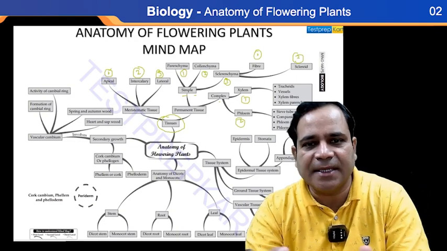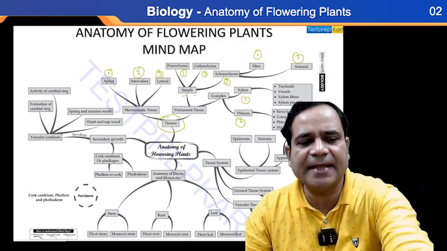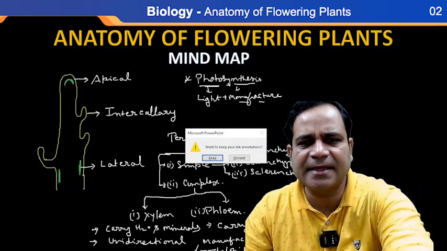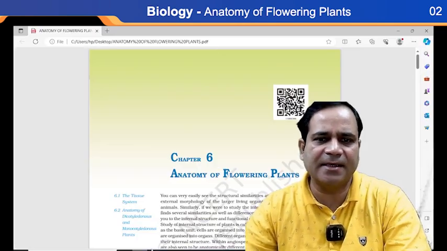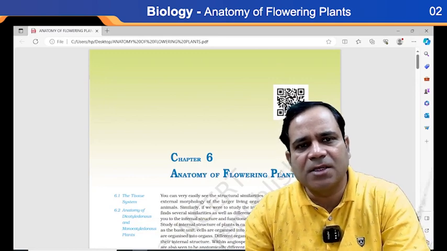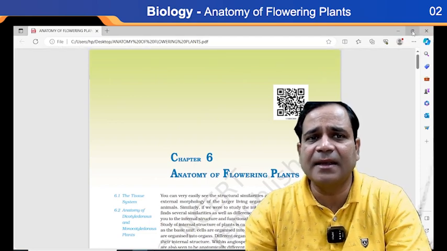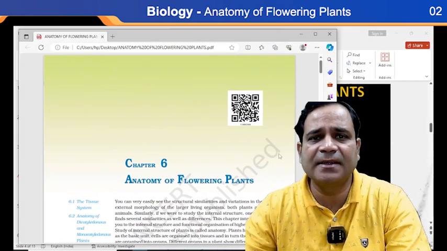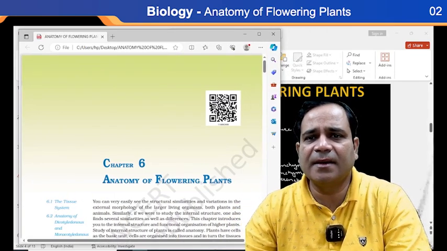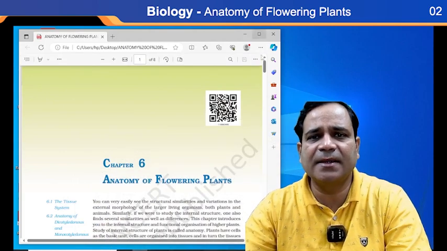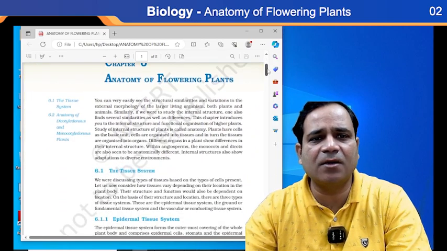Okay. So now the point is to go through the NCERT. So that's why I'm saying, let's see what is written in the NCERT. See, anatomy of flowering plants.